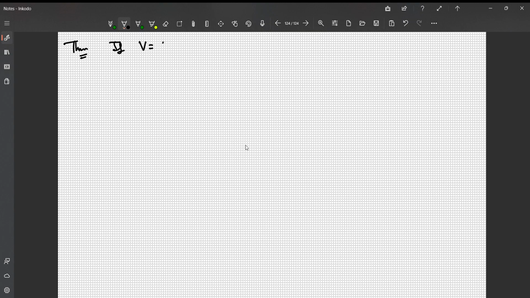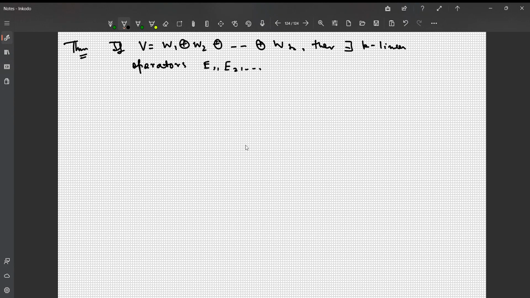So if V is a direct sum of the subspaces W1, W2 till Wk, then there exist k linear operators E1, E2 till Ek on V such that number 1, each Ei is a projection operator.